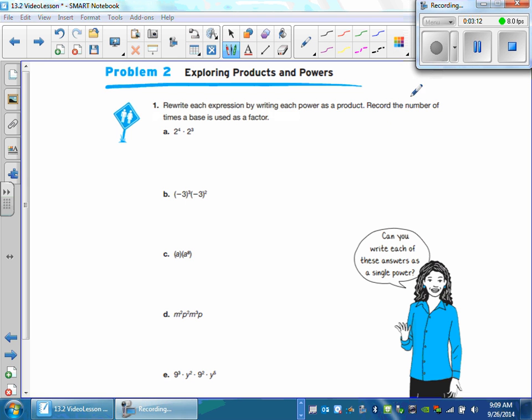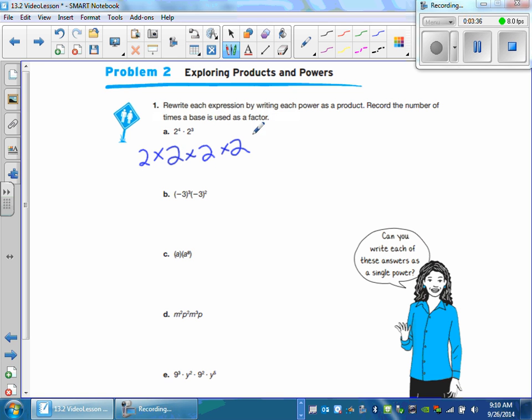So let's flip over to problem 2, and let's figure out why the product rule works. If I have 2 to the 4th power times 2 to the 3rd power, I'm going to write it out in expanded notation. So I'm going to take 2 times 2 times 2 times 2, and that's for the first one, 2 to the 4th power, 2 times 2 times 2, 4 different times.